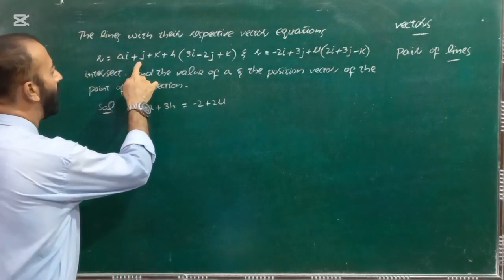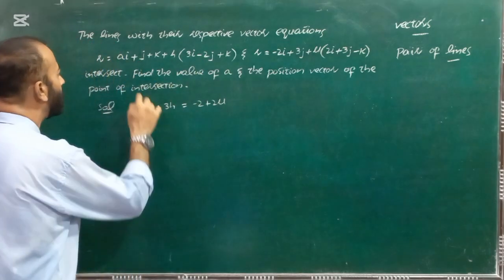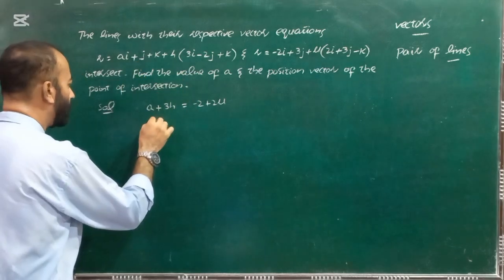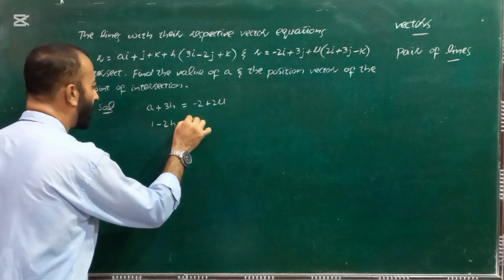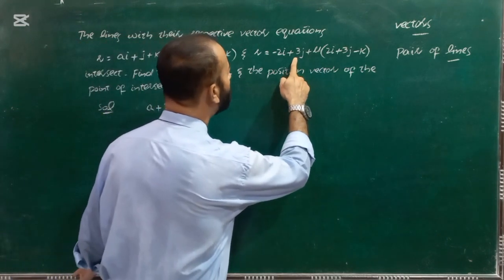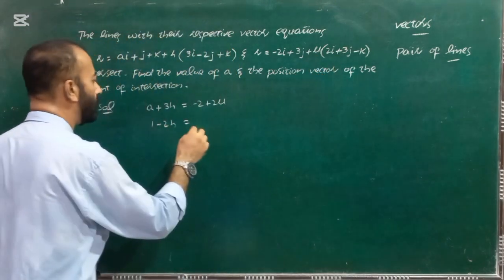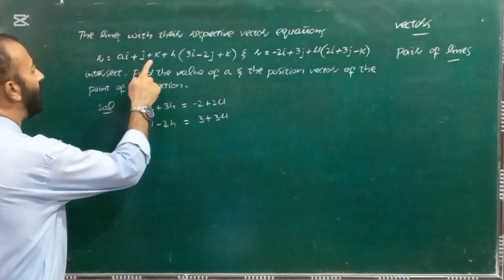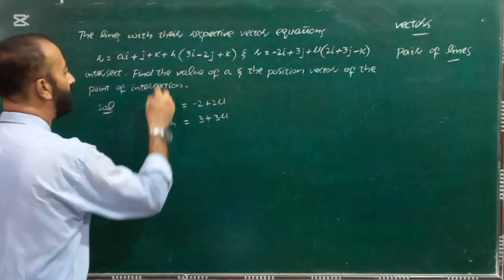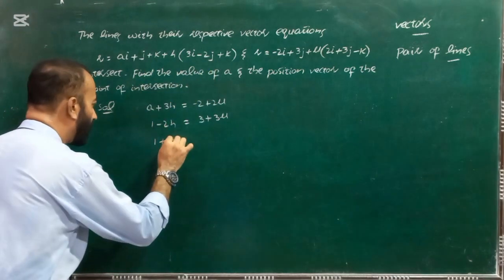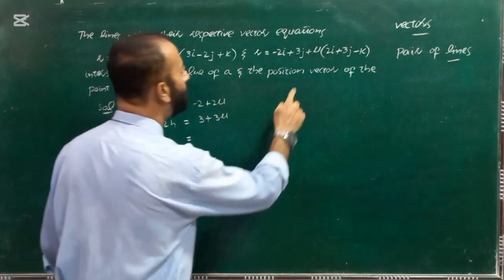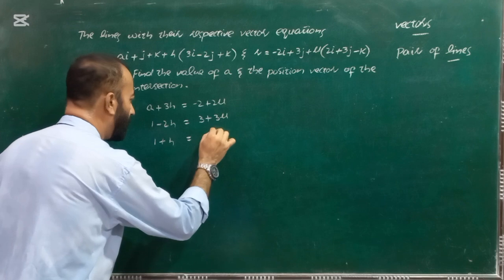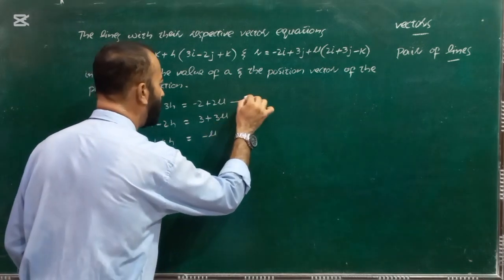Then j: 1 minus 2 lambda will be equal to 3 plus 3 mu. And finally k: 1 plus lambda will be equal to 0 minus mu. So actually these are three equations.